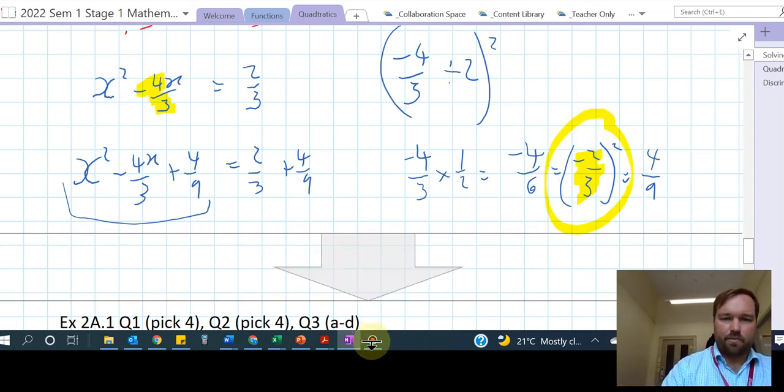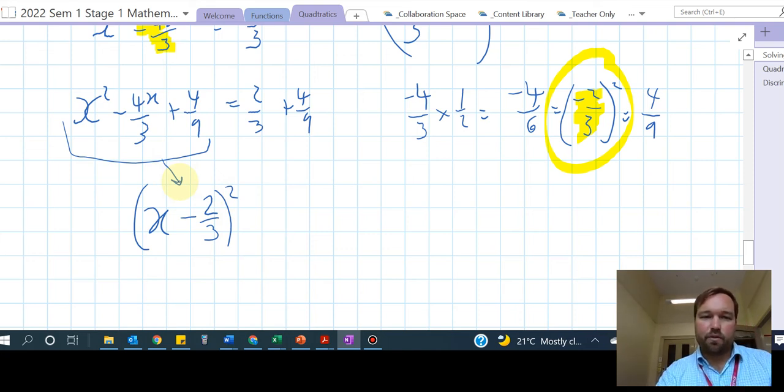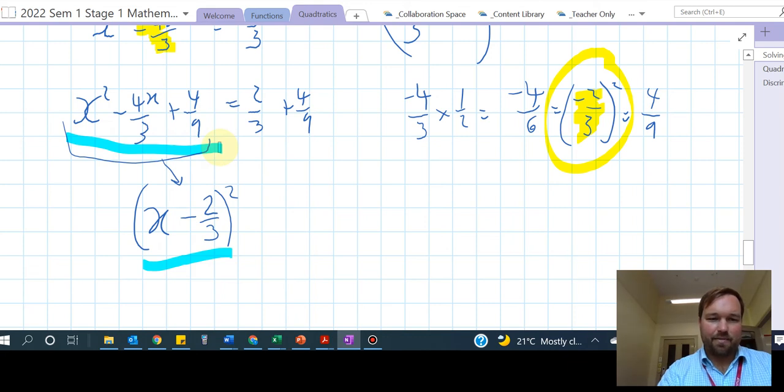So we can write this as x take 2 over 3 squared. Now, you can expand out using FOIL and convince yourself that this is in fact the same as that. It's not pretty, but it is the same.